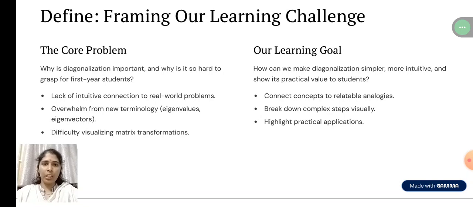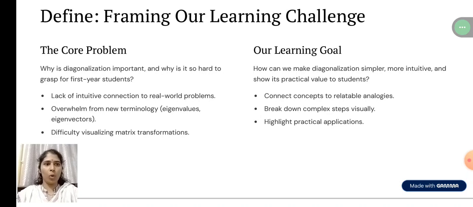Next is difficulty visualizing the matrix transformation. They don't have an idea of how to visualize how a matrix is transformed from one form to another form, for example, from a quadratic form into a canonical form.